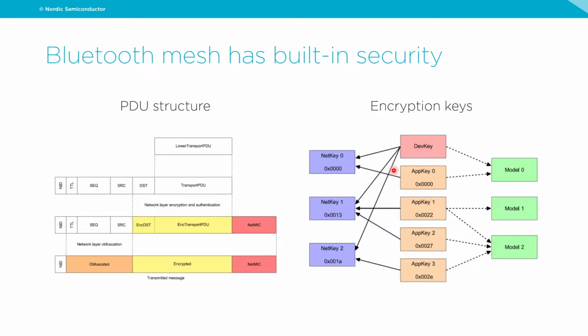So if the lighting key is compromised, your door locks are not compromised. So this allows you to combine use cases with various security requirements, and it adds flexibility to the solution.